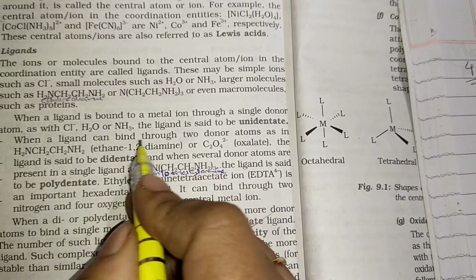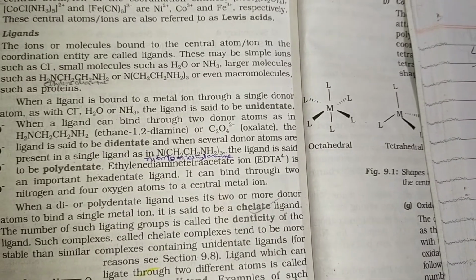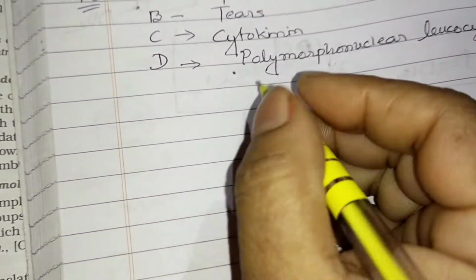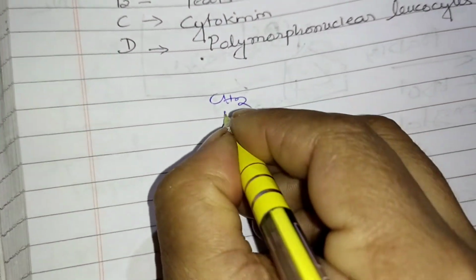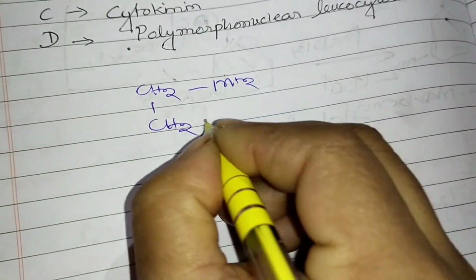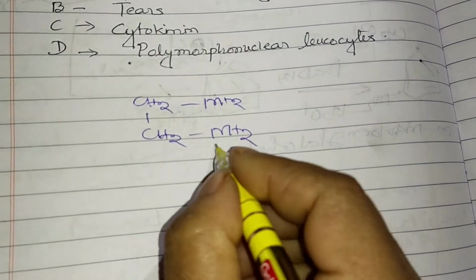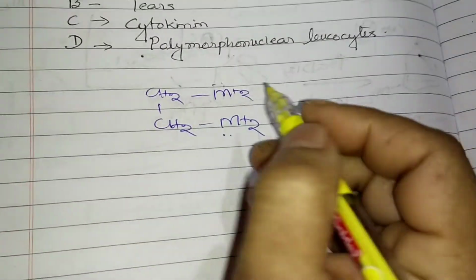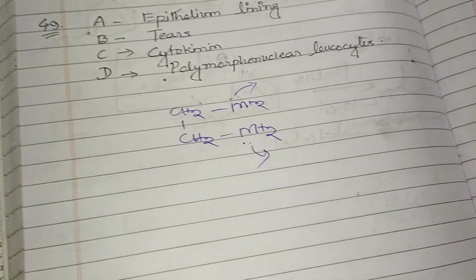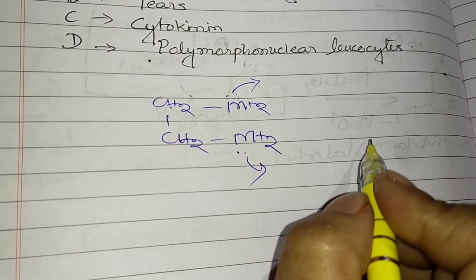When a ligand can bind through 2 donor atoms, as in ethane-1,2-diamine or ethylene diamine, here we have CH2, CH2, NH2 and NH2. The nitrogens have electron pairs, so by these they can attach to the central metal atom or ion.